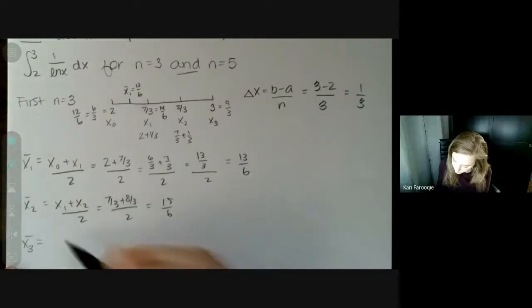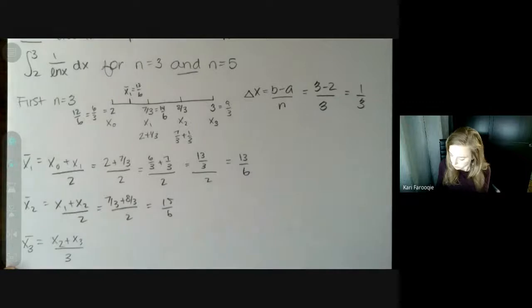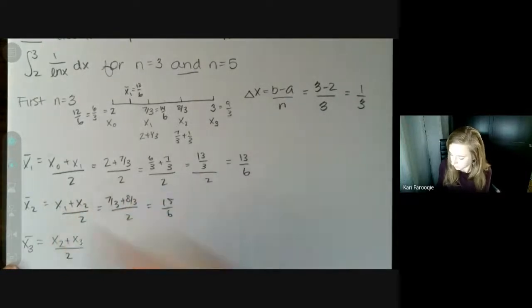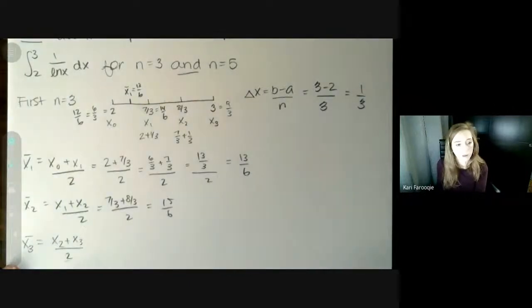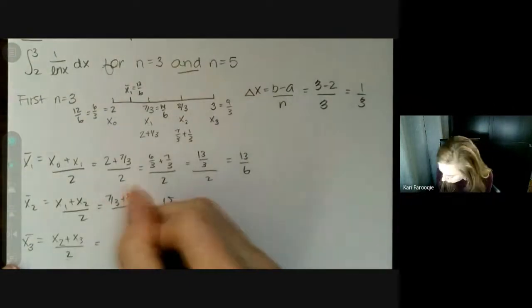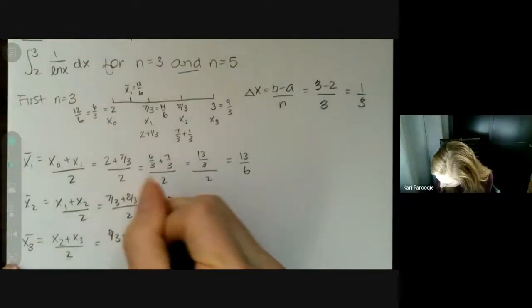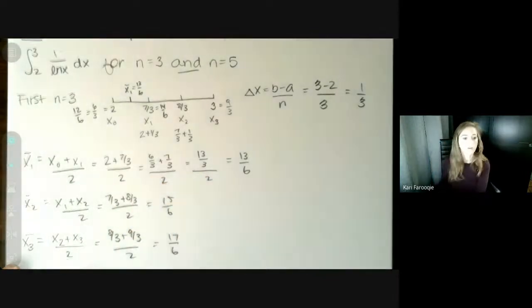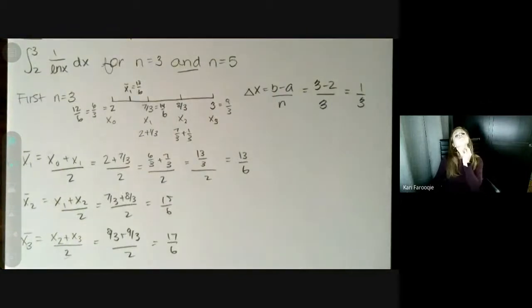And then the last one will be x sub 2 plus x sub 3 divided by 2, not 3. And you will get 8/3 plus 9/3 over 2 is going to be 17/6. I mean, show me that you're doing the work, but I don't need to see every little teeny tiny thing.